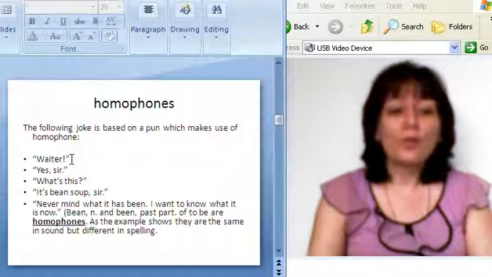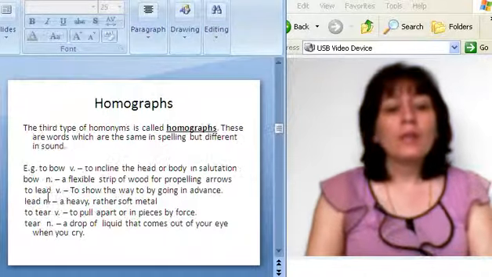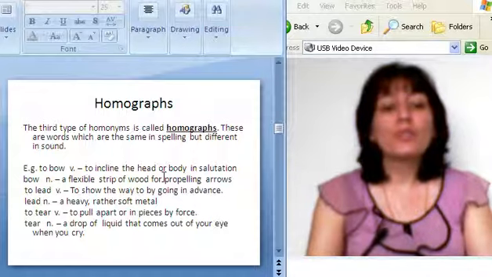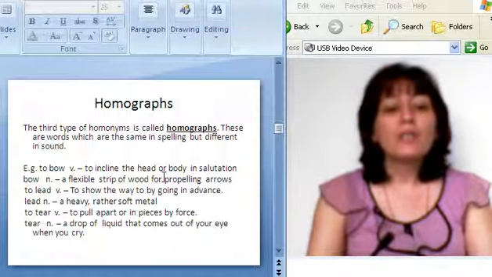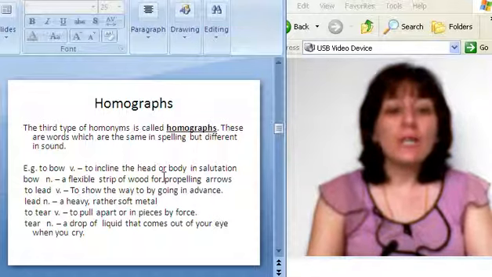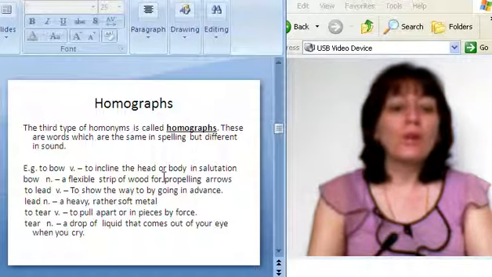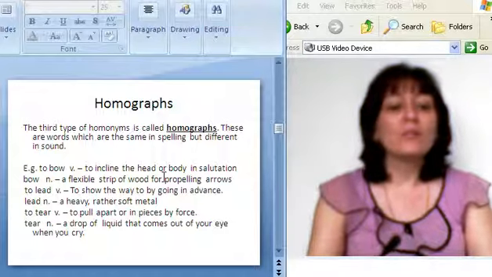And homographs. So the third type of homonyms is called homographs. So these are words which are the same in spelling but different in sound. So to bow and bow. So to bow means to incline the head or body in salutation, and bow is a flexible strip of wood for propelling arrows.